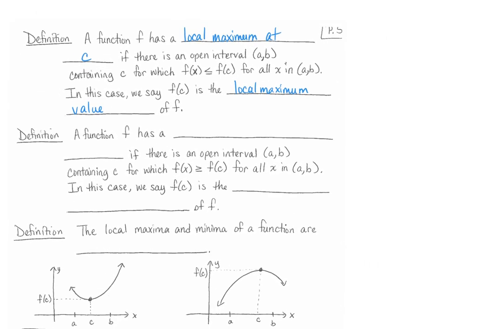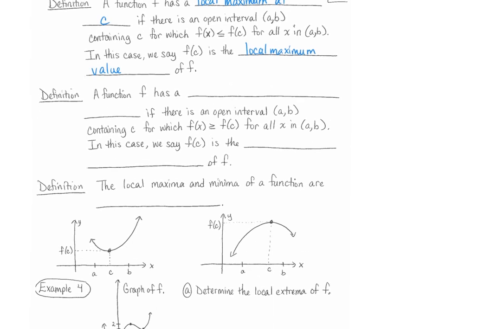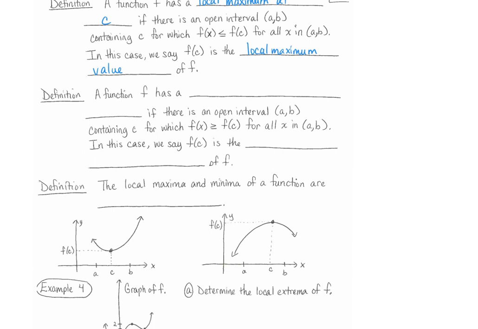So if you have an open interval AB, and then it contains an element C, for which f of x, no matter what x you choose in this interval AB, not outside of it, inside of this interval, the corresponding f of x value, wherever you are in this interval, will not be higher than this value.